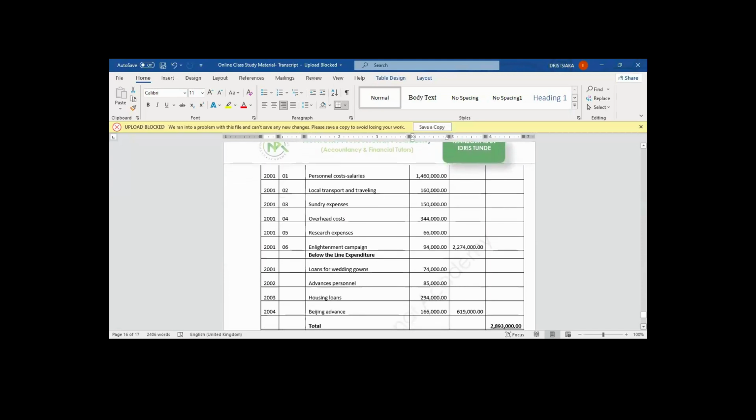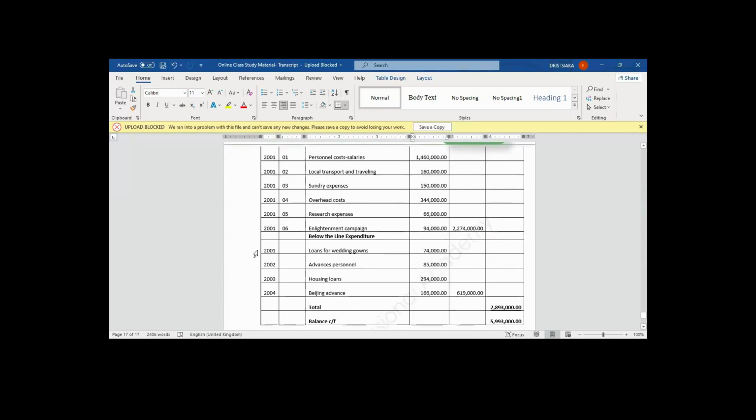At the end of the day, you put below the line items. Below the line items too have the same head, 2001, 2000, because the head that starts from 2000 is the same head. You put them under amount, you total them as the subtotal. You add above the line expenditure and below the line expenditure together, and you are going to get 2,893,000.